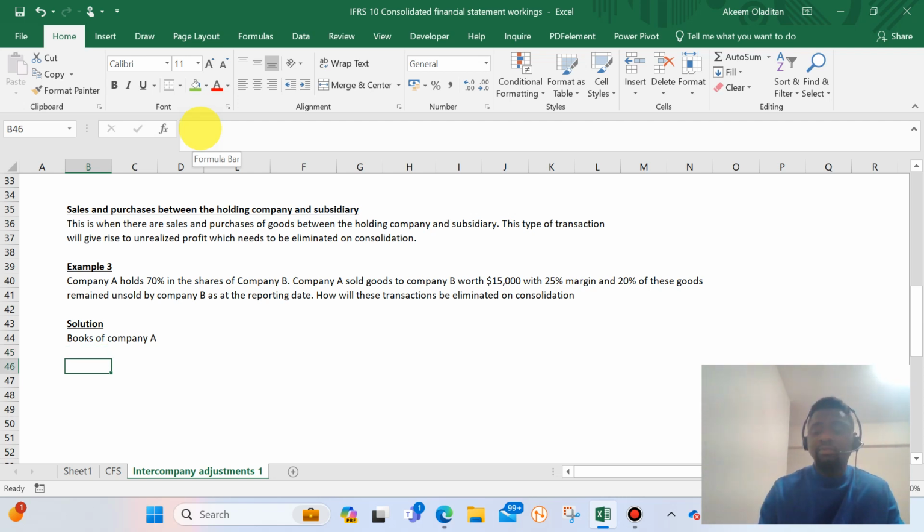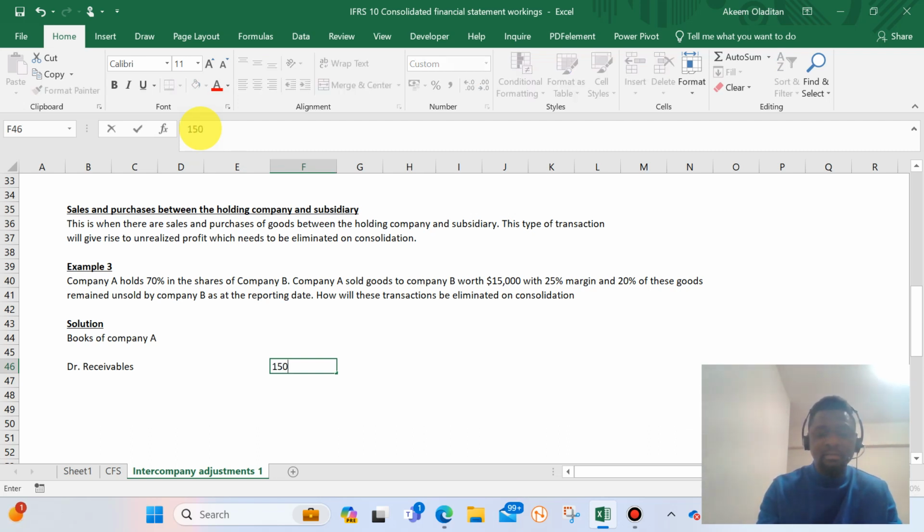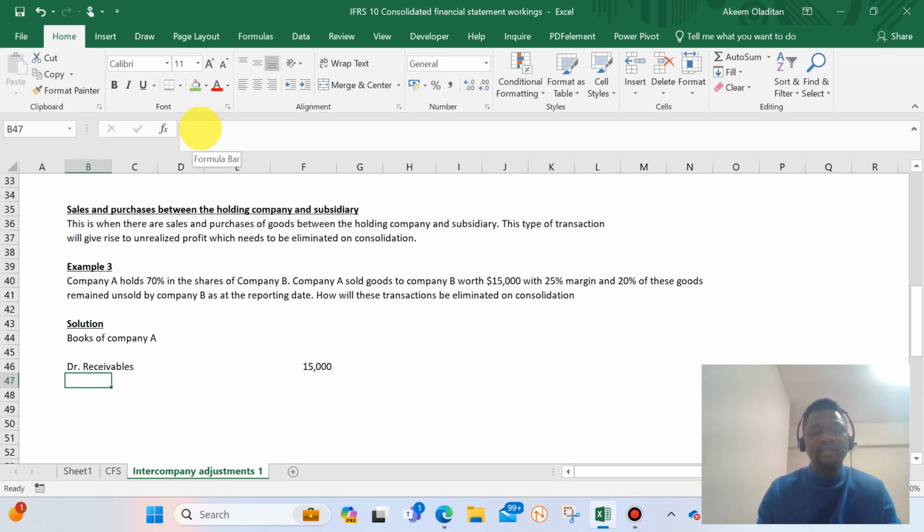So when Company A sells, it debits the receivables account because it's sold on credit, right? What's the value? 15,000. But when it's selling, it's not 15,000. Let's not make a mistake. It's selling at a margin.